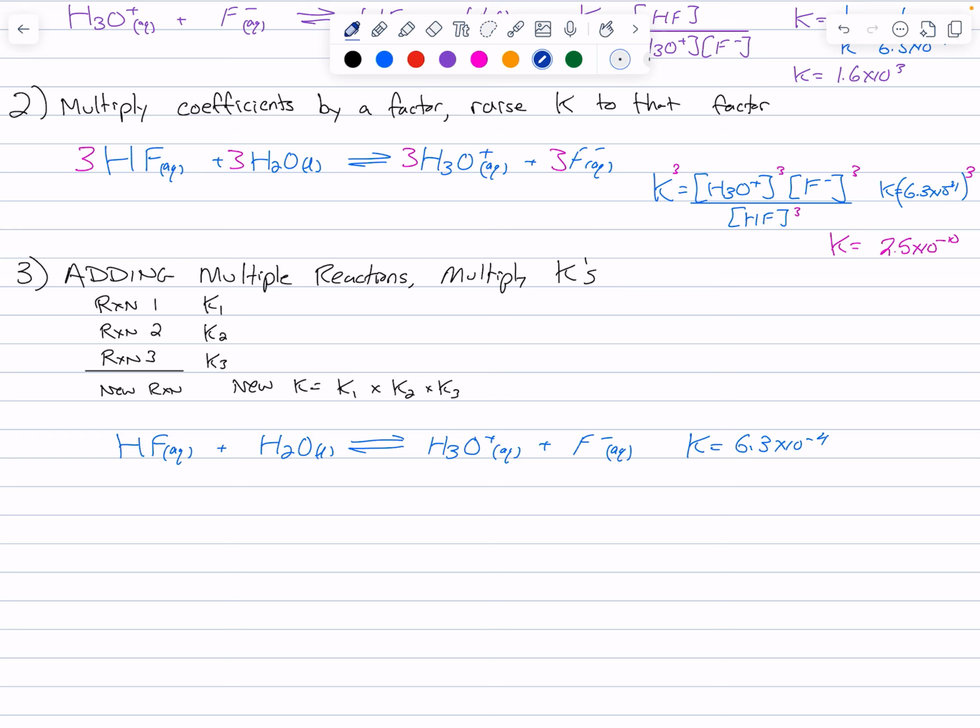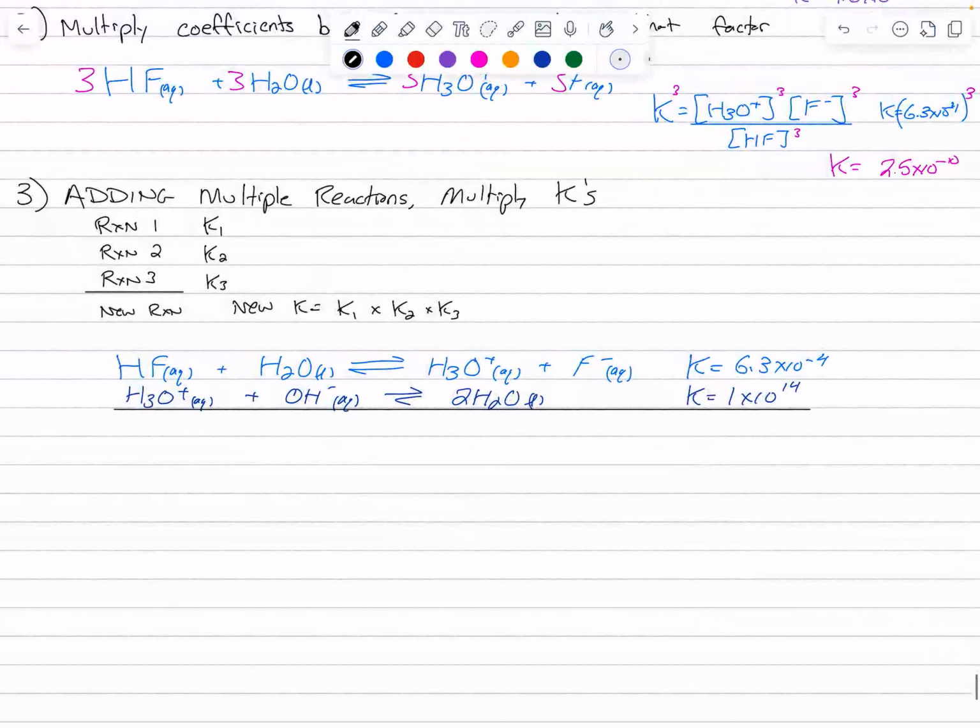New reaction: let's say we have H3O+ plus OH- gives you 2H2O liquid. If we were going to add these up to get a new reaction, well, what cancels? One of the H2Os cancels and hydronium cancels if I add them up.